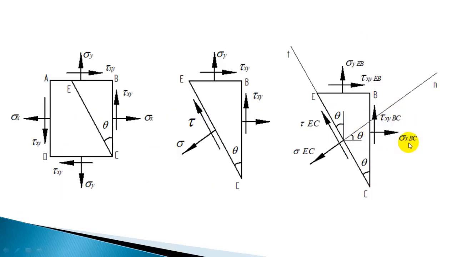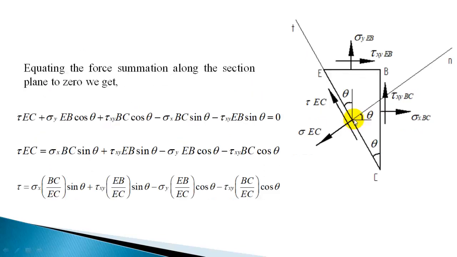Now you take sigma x BC. Sigma x BC is acting like this. Its normal component will go upward, but the component along the plane will come downward, so you have to take this tangential component as negative.